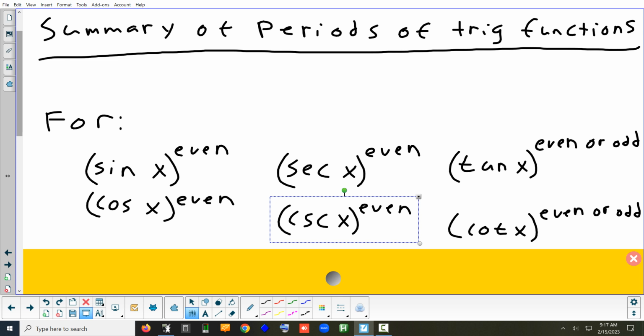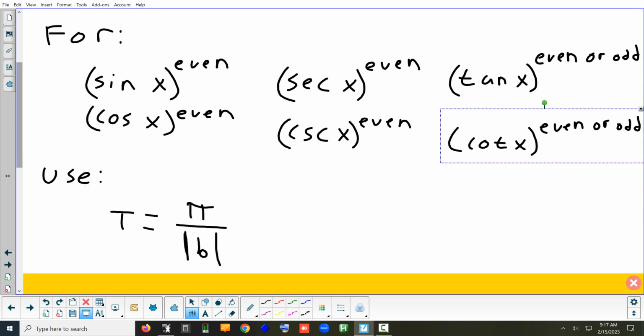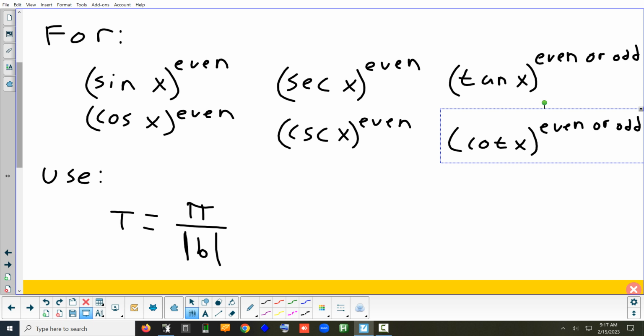So any one of these 8 situations, 1, 2, 3, 4, 5, 6, 7, 8. The formula that you would use in those 8 situations is pi over b.